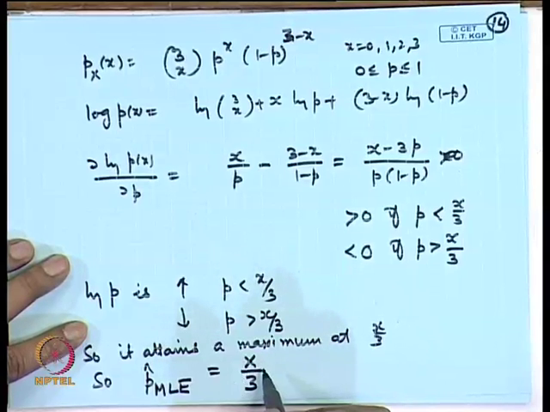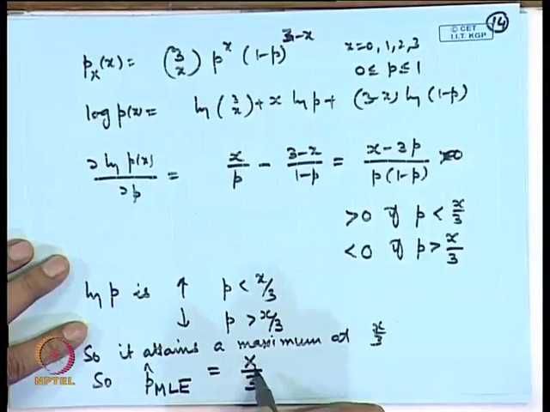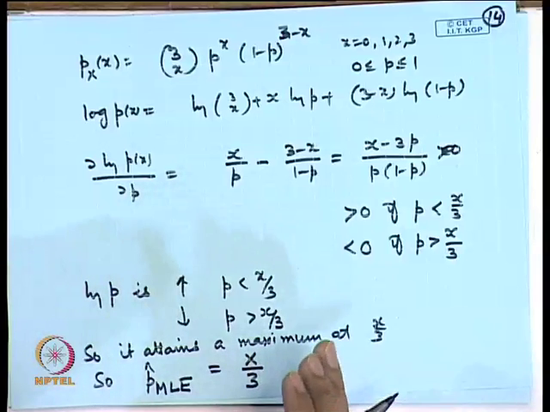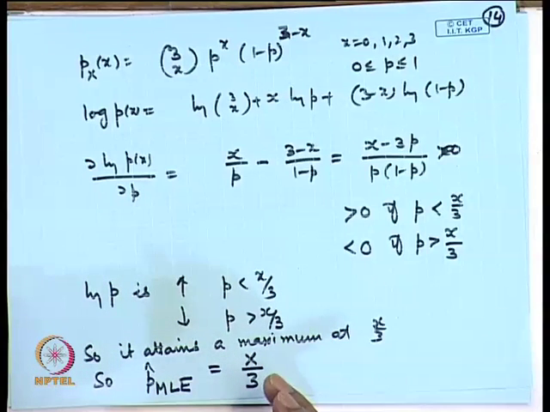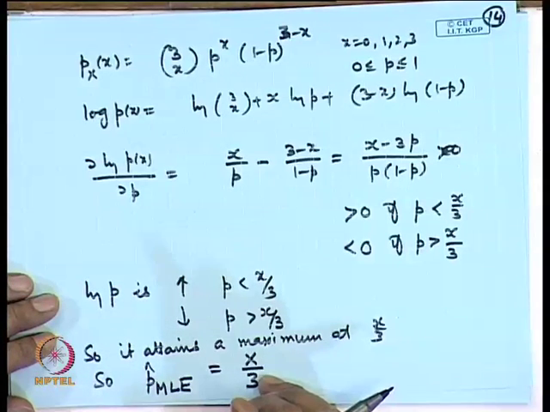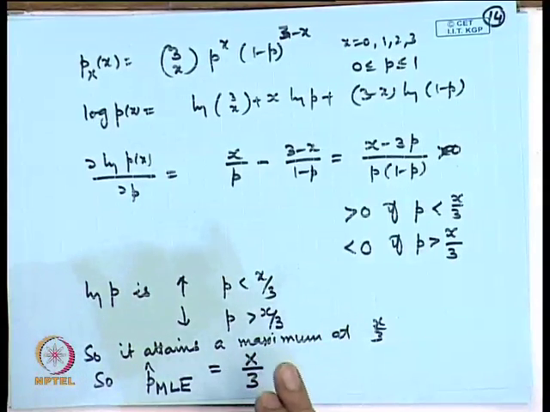So, we can consider the maximum likelihood estimator of p as x by 3, which is actually the sample proportion, because if I have conducted the experiment 3 times and x is the number of successes in 3 trials, then x by 3 is the sample proportion, and I am using this sample proportion as an unbiased, maximum likelihood estimate of the population proportion p.